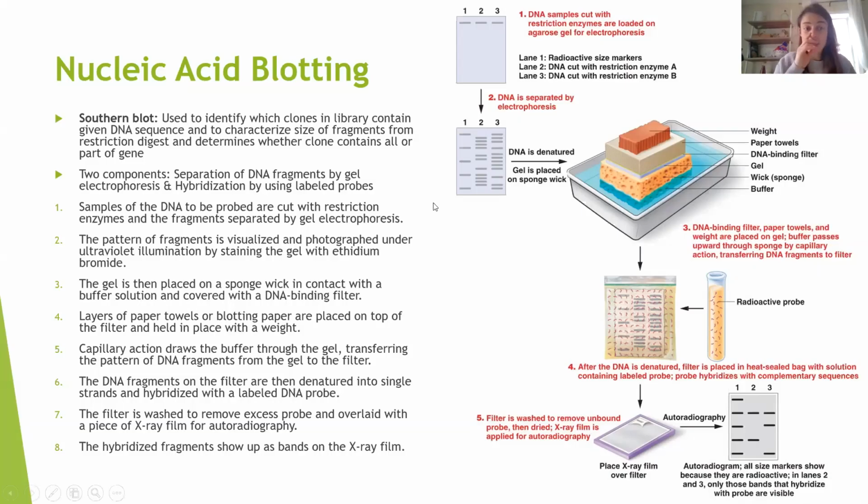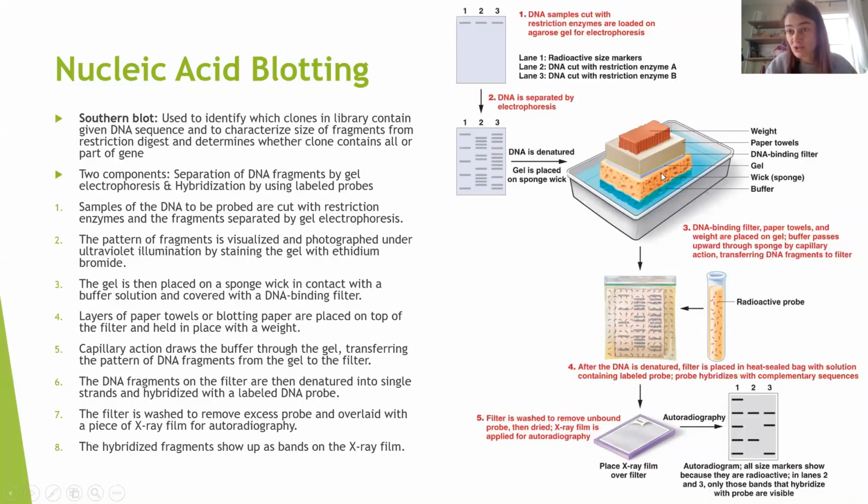And then once we do that, we put the gel in this weird, fun apparatus. I keep calling it fun, but I honestly had a blast making these. This little sponge bath, where the gel is basically put right in the middle. So you have your buffer, then you have the sponge, your gel, and then your DNA binding filter.